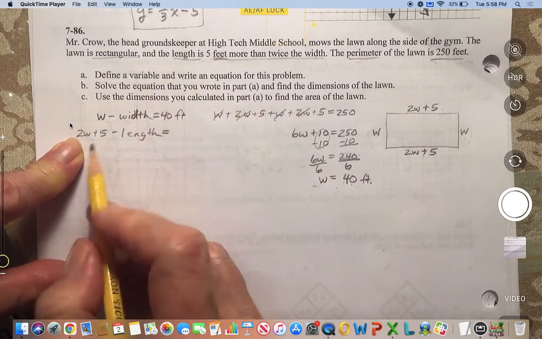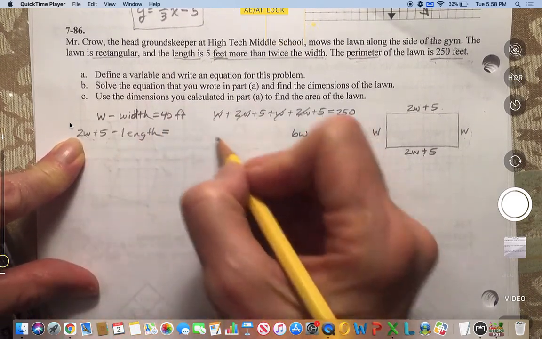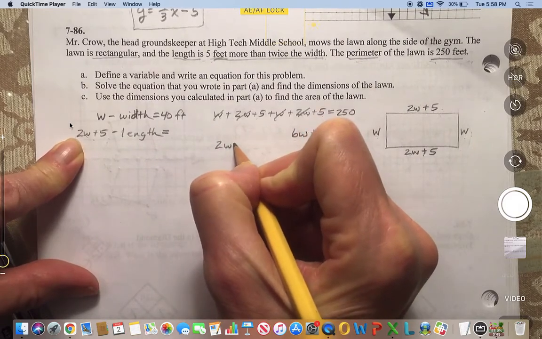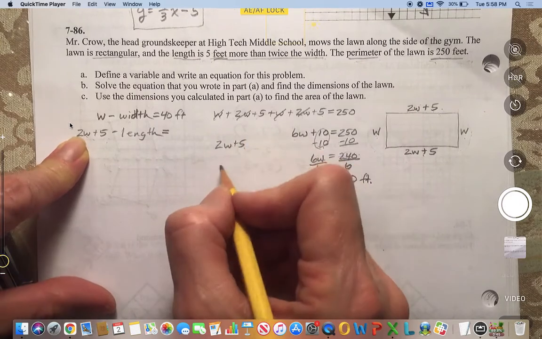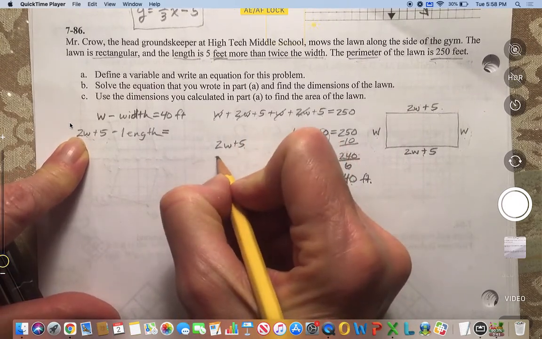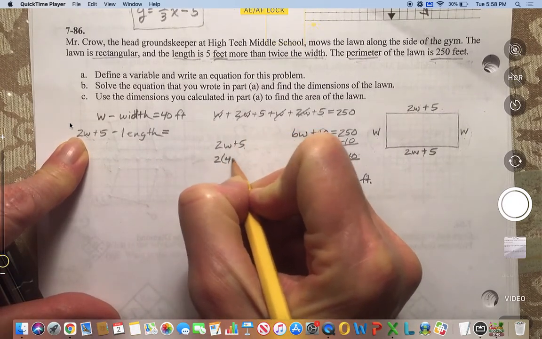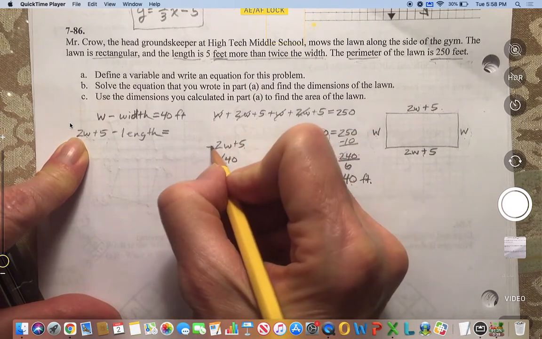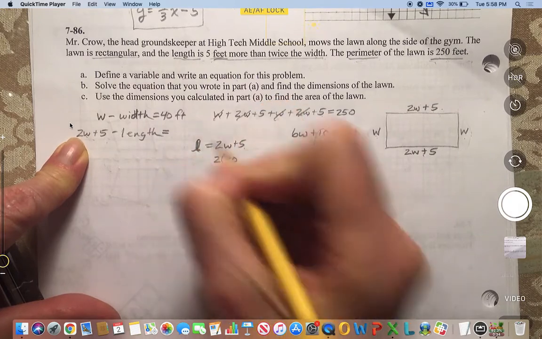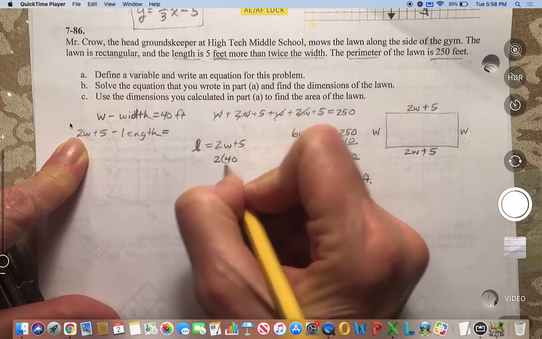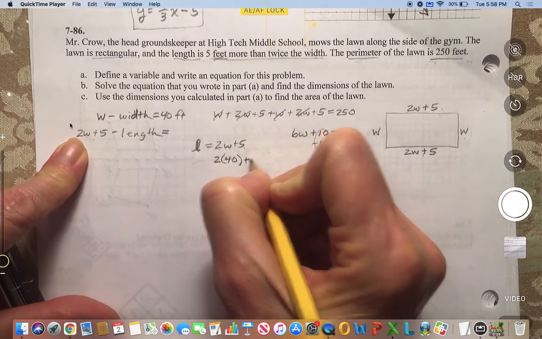So the length is 2W plus 5. So if we plug in the W, it's 2 times 40. So this is equal to L, length. Okay, 2 times 40 plus 5.